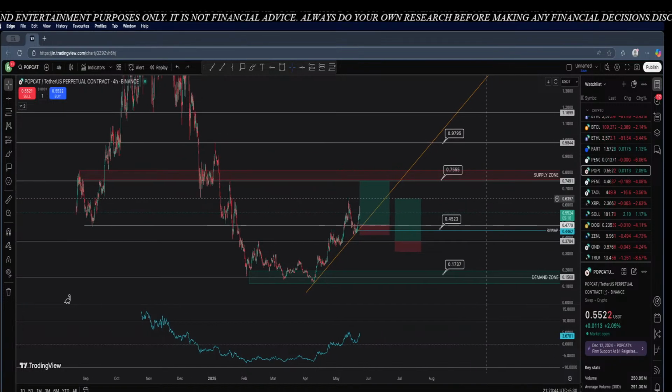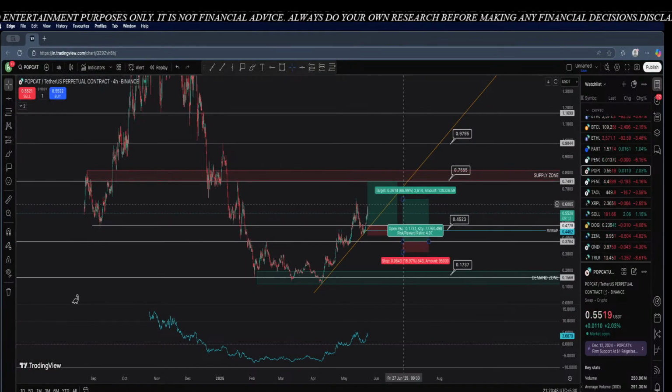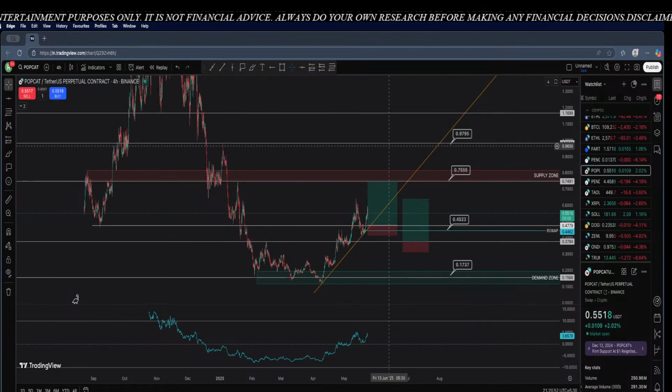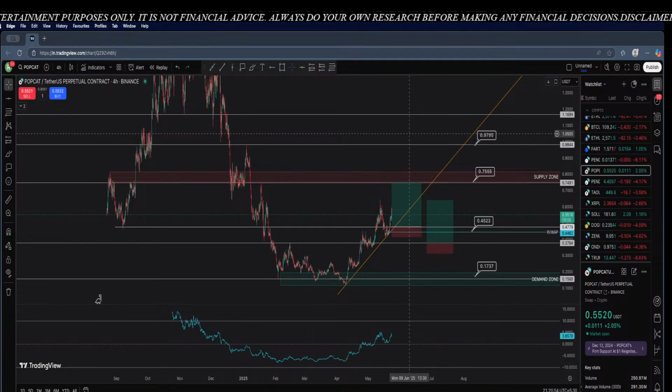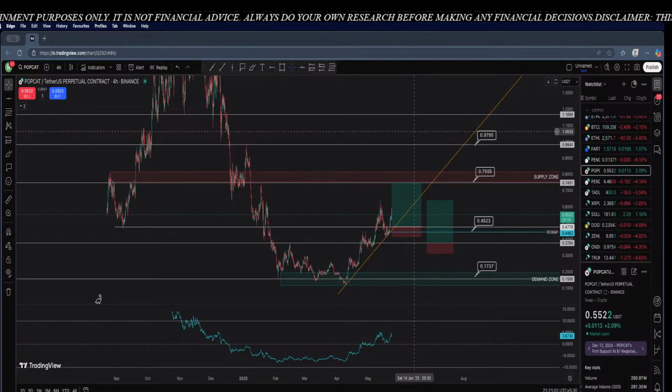Other than that, I'm most likely going to only provide trade ideas for higher time frame charts on altcoins, because usually the altcoins react better on higher time frames and it's easier to find more confluence on a higher time frame for altcoins.